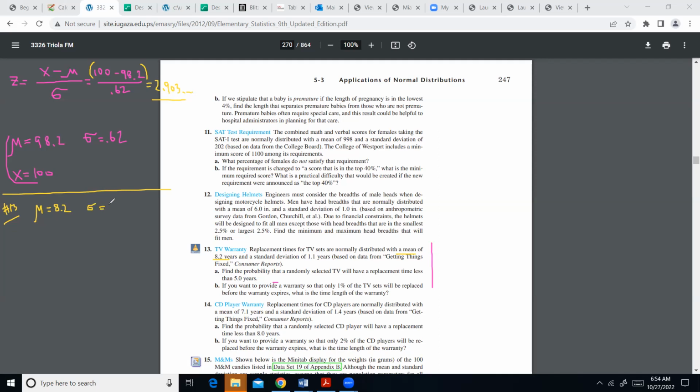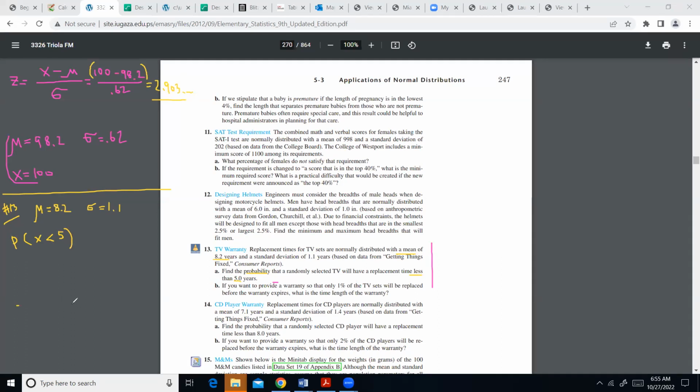So some TVs work a little longer, some less, but based on mean and standard deviation, you can find the probability here that a TV will have replacement time less than 5 years. So we need to find the probability that the TV, so something is less than 5, and that something we'll always call X. That's standard.